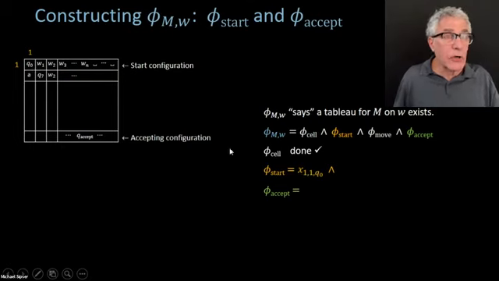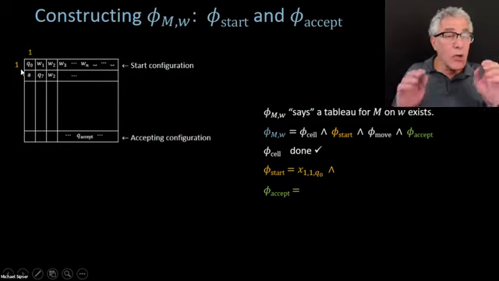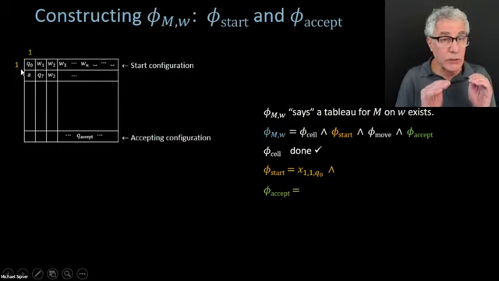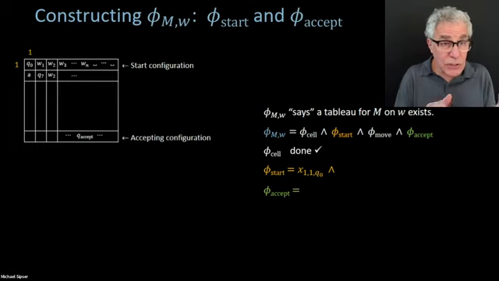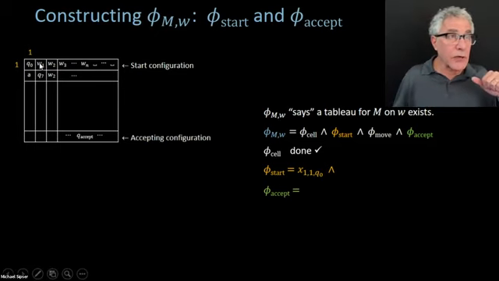Phi start is going to say that cell 1, 1 contains a Q0. Thinking of us as the reduction, the reduction is given M and given W. So it knows what the start state is. It knows what the symbols of W are.